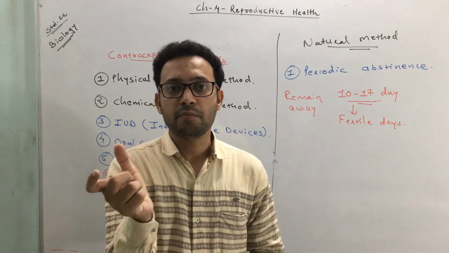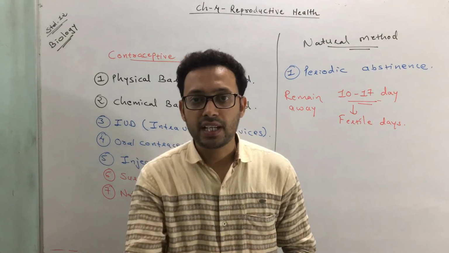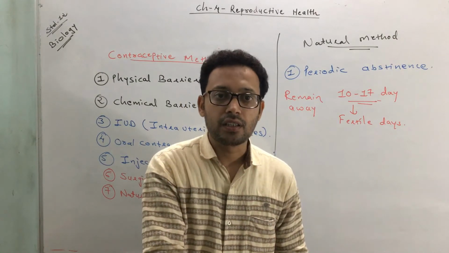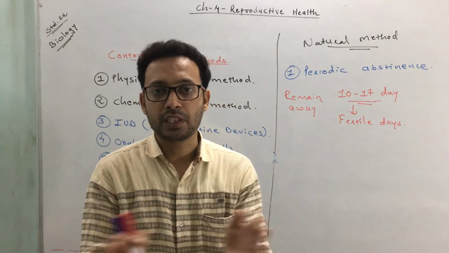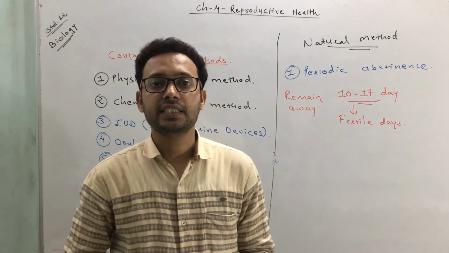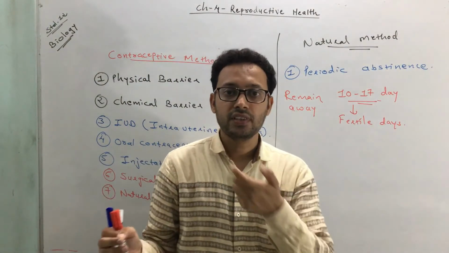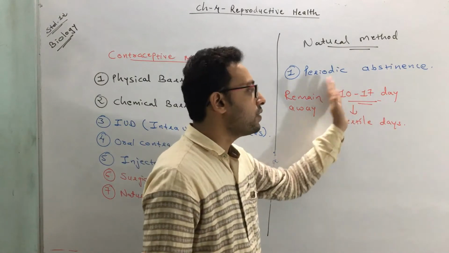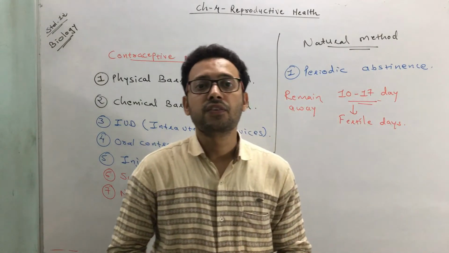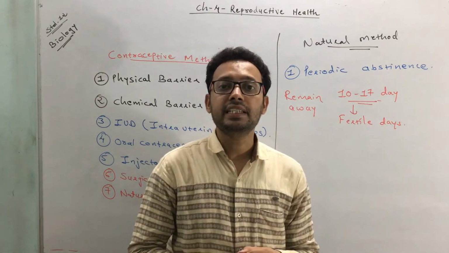But you know that the menstrual cycle may vary from 28 days to 29 days, and in some women it may be 26 days. Plus or minus 2-3 days is considered normal. So we take a range instead of just 1 day, because it may vary. We take 3 days on both sides of the 14th day, and now the range becomes 10 to 17 days.